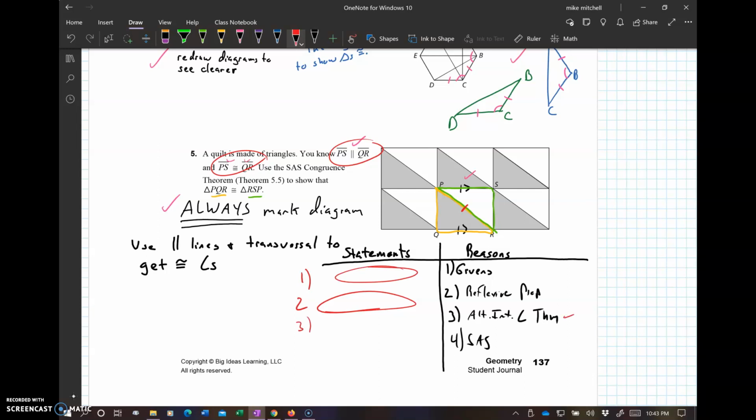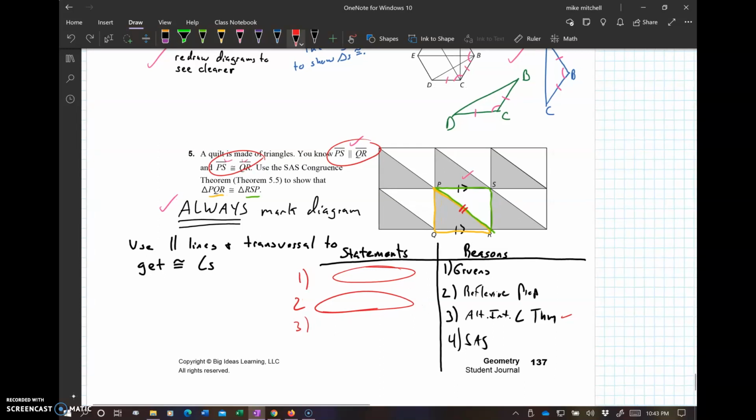Alternate interior angle theorem. I should have had 2 slashes there because I've already got the 1 slash right there. You can use that for right here. There's your Z. That's going to get your included angles congruent.